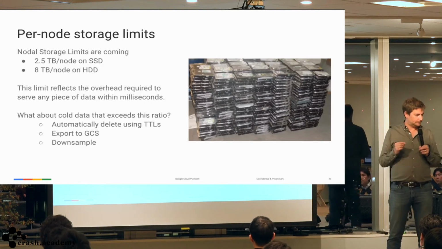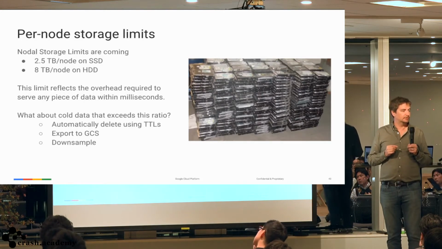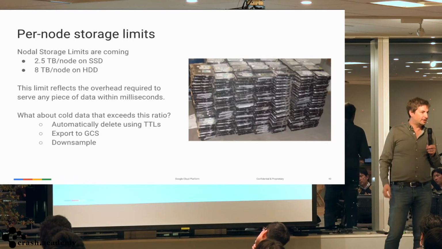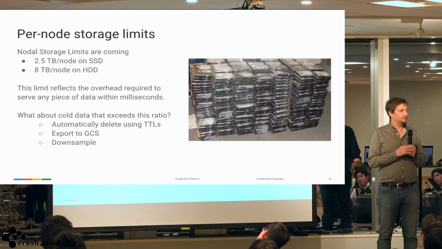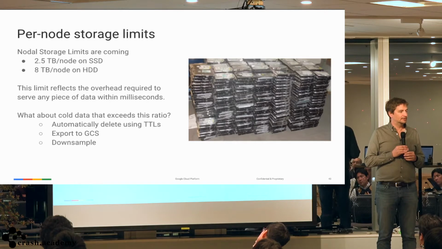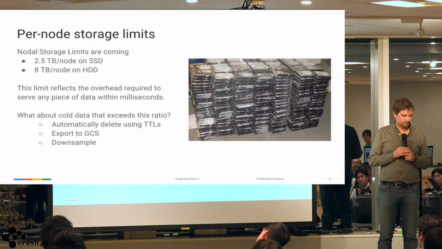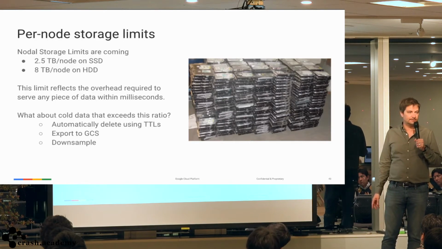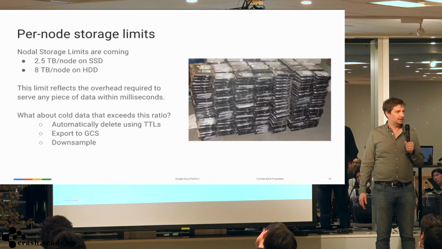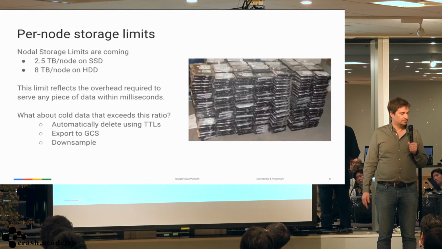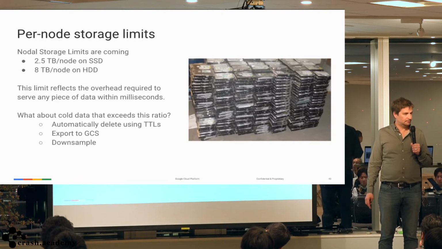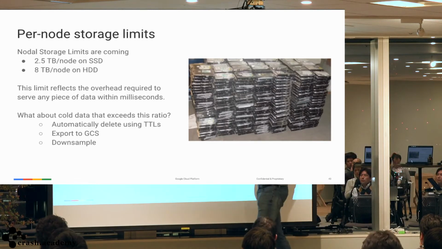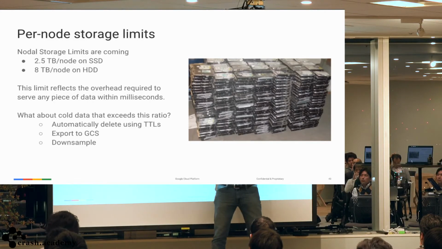One node per 2.5 terabytes of SSD, and one node per 8 terabytes of HDD. So for example, if you need to store 100 terabytes on SSD, you'll need 40 nodes.